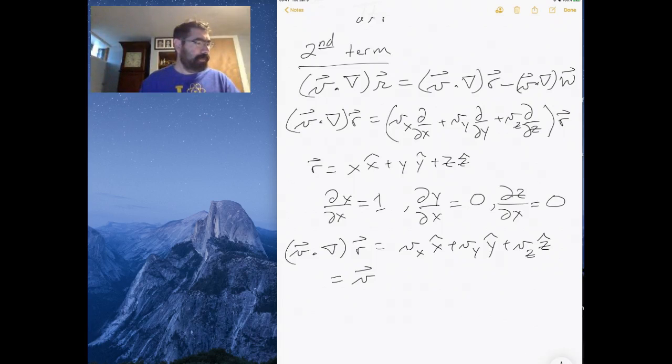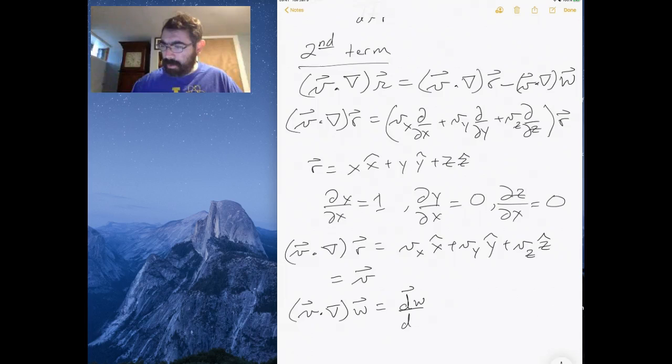Okay. So now if I take a look at that next term, v dot del operating on w, in this case I can use my previous result, which was the time derivative of that second vector w, and it's the first vector, in this case v, dot the gradient of the time.